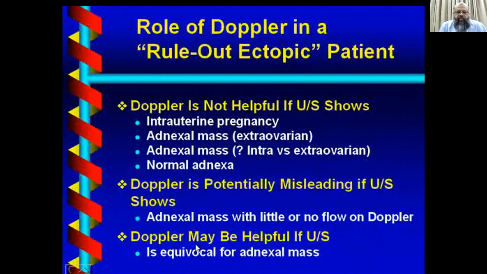If we find an adnexal mass, use color Doppler, and get flow, we will suspect an ectopic. If we are good in Doppler and find flow, and we do spectral Doppler and the resistive index is less than 0.5, it can usually favor the presence of ectopic pregnancy.